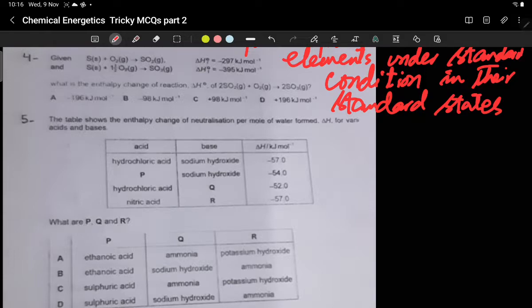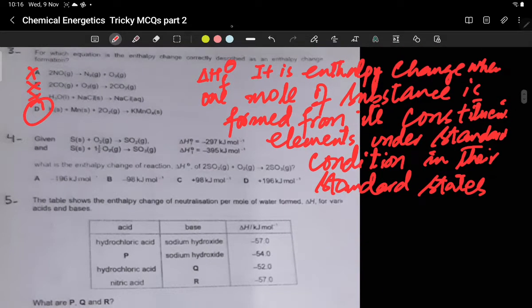So for this question, we have to arrange chemical equations. So this is actually a chemical reaction. Let's erase this.